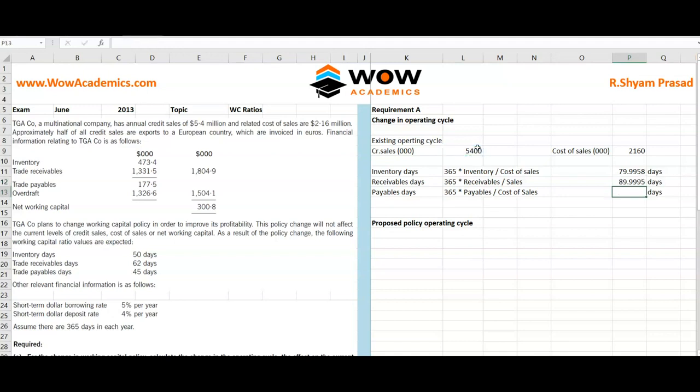Next number is payables. Payables comes to 177.5, and the divider is the cost of sales. So we get that number. You can add them, and this will give you the operating cycle.